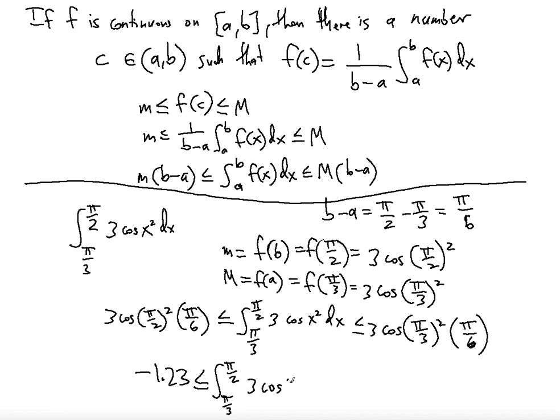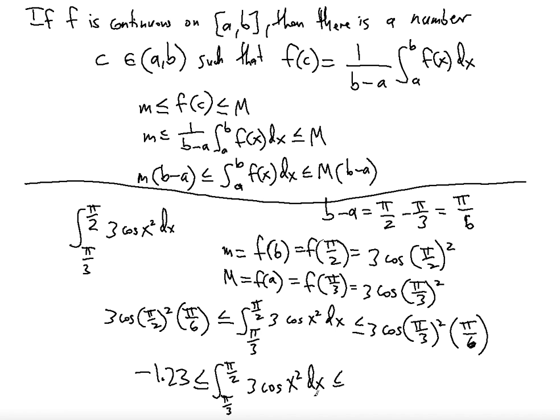3 cosine x squared dx is less than or equal to, now let's find the upper limit for this integral. So it's going to be pi over 3 squared times, so pi over 3 squared cosine times 3 times pi over 6.